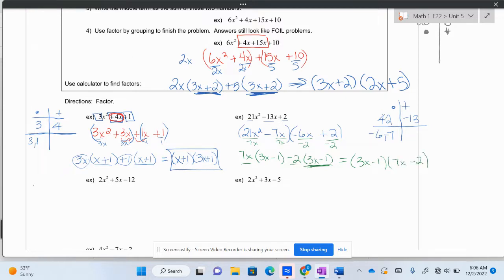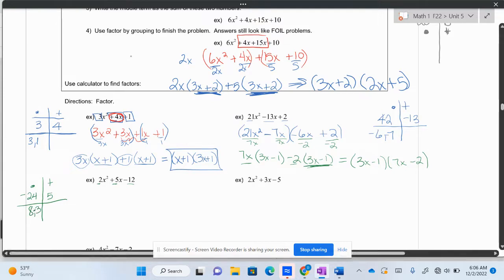All right, let's do it again. A times C has to add up to B. A times C, negative 24, has to add up to B, 5. Well, let's see. 6 and 4, that's not going to work. 2 and 12, that's not going to work. What about 8 and 3? So since 5 is positive, my smaller number, 3, has to be negative.